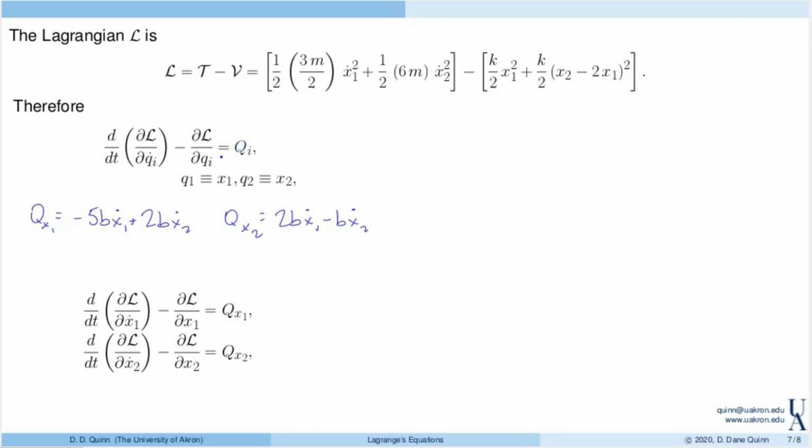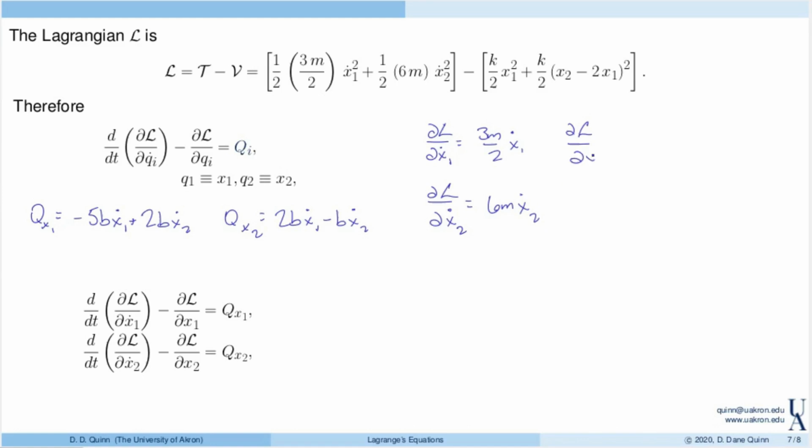Right, so to evaluate Lagrange's equations, we have to calculate a bunch of partial derivatives of the Lagrangian. That's fairly straightforward. Partial of L with respect to x1 dot, looking at this term in particular, we just get 3m over 2 times x1 dot. And the partial of L with respect to x2 dot becomes 6m x2 dot.